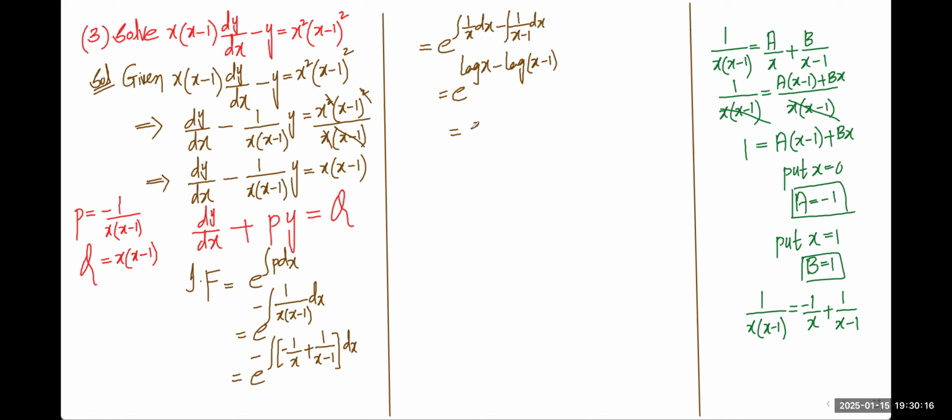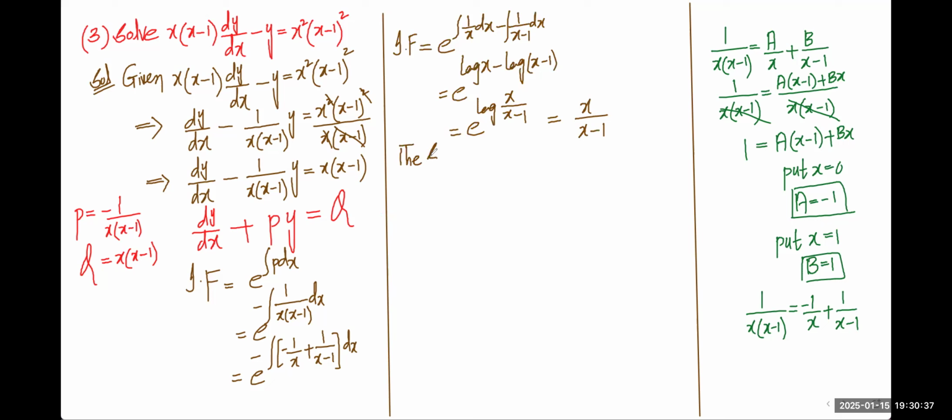Log a minus log b can be written as log a by b, so x by x minus 1. And now e and log together become 1, so our answer is x by x minus 1, which is our integrating factor. Correct?